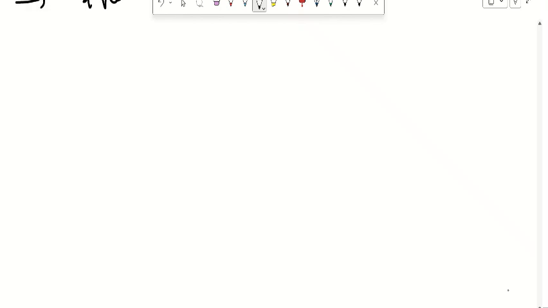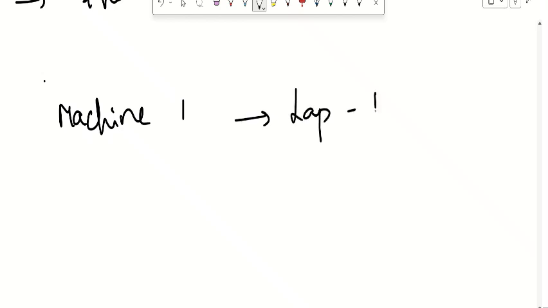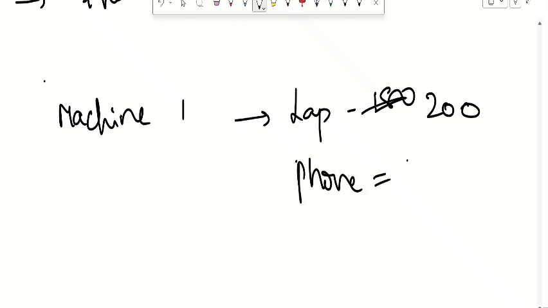Let's see another example. We'll take two machines. On machine 1, laptop is equal to 200 and phone is equal to 150.